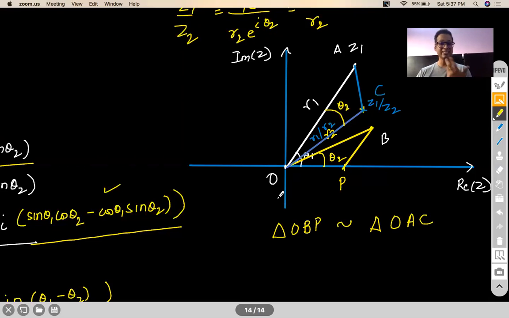Is that correct? Let's see. First thing is, yes, this is theta 2. This is also theta 2.